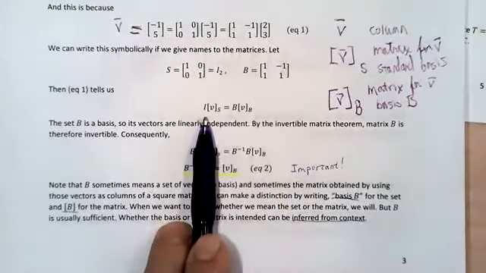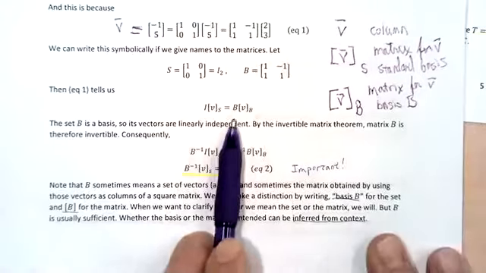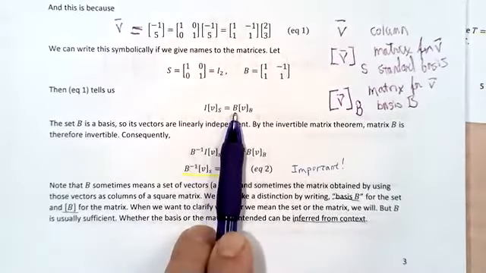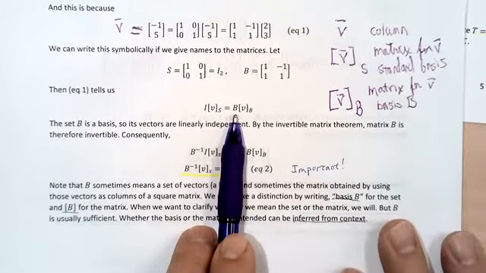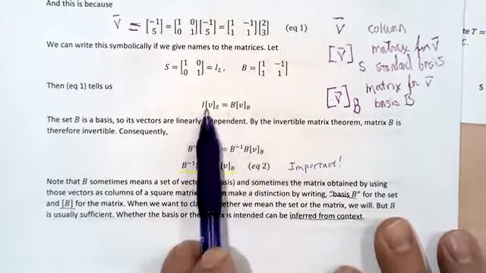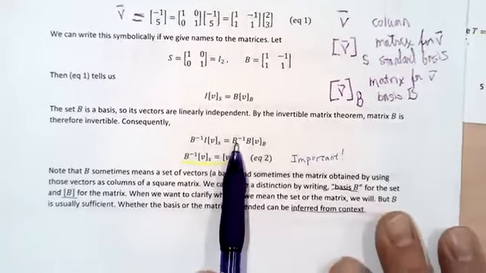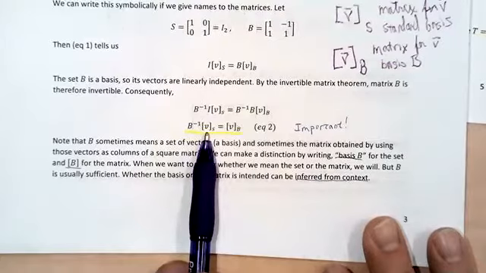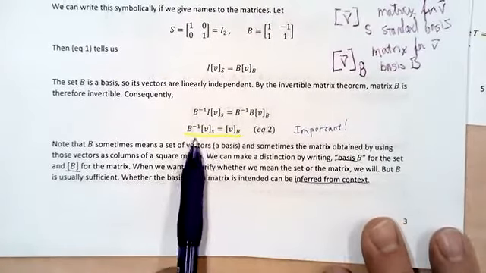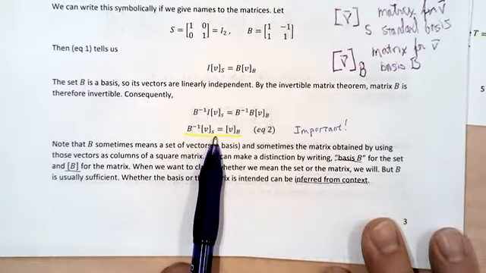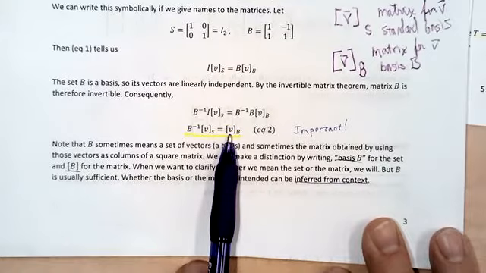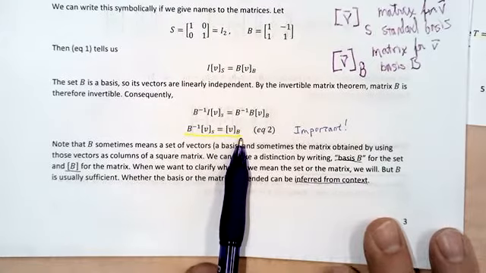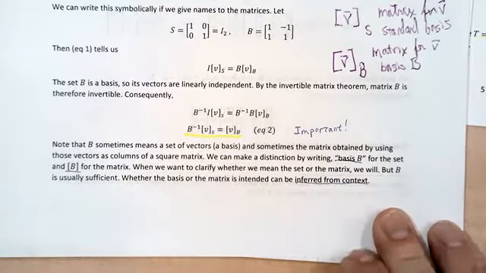It doesn't look like it right away, but because these things are bases, they're linearly independent, so they give you matrices that have inverses. So if I multiply this equation on the left by B inverse and simplify, I get this: B inverse times the coordinate vector for V in the standard basis is the coordinate vector for V in the alternate basis B.